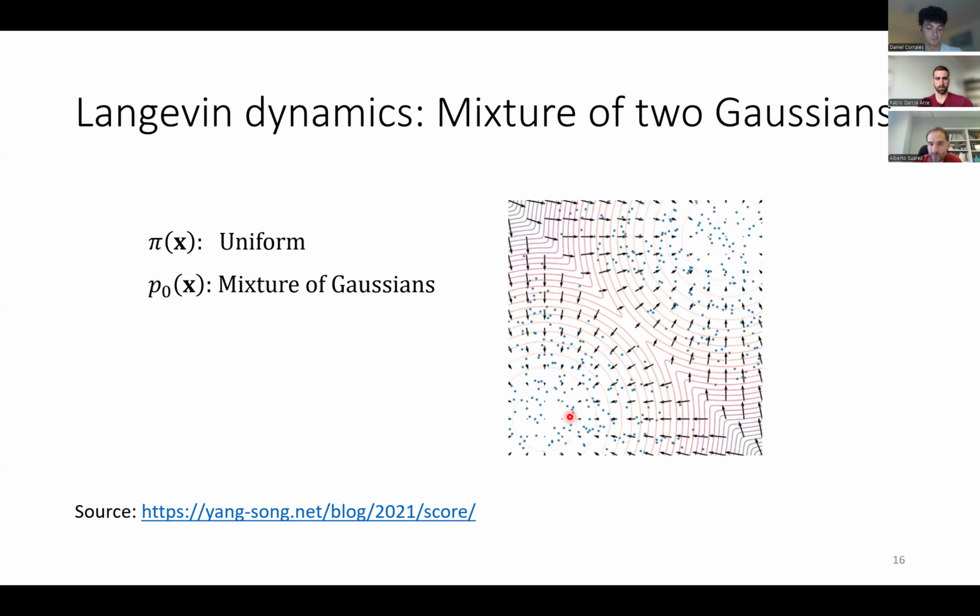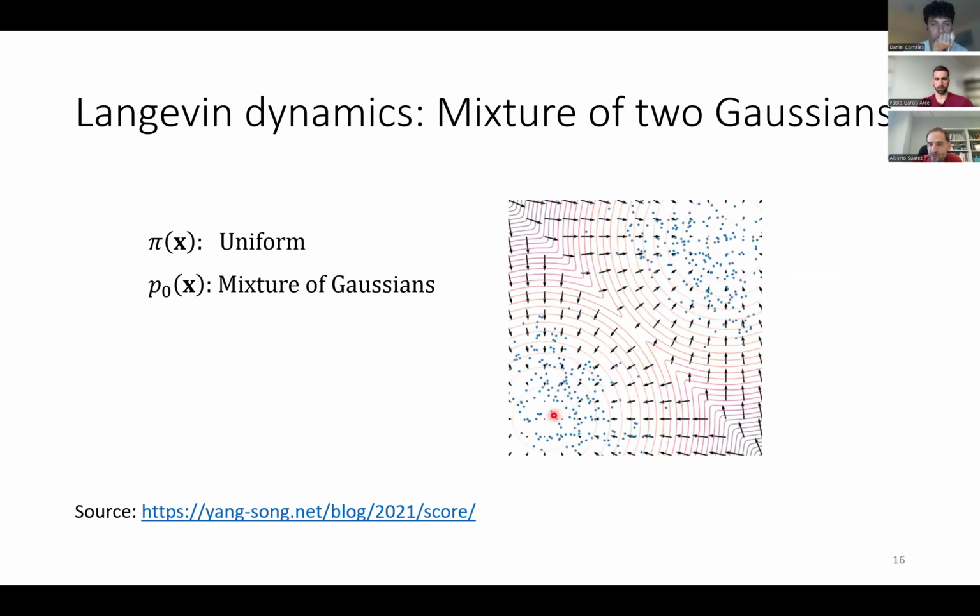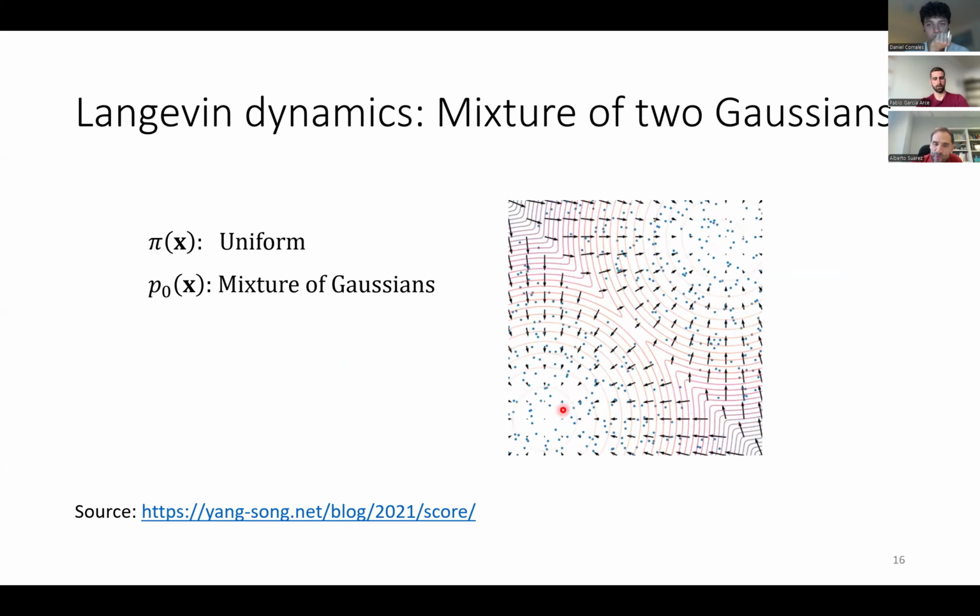If I'm close to this mode, the samples go to this mode, and then the thermal agitation, which is given by the Brownian motion, little by little will lead to some leakage from this mode to this other mode. But to go from just thermal agitation to this mode to that mode is very unlikely.